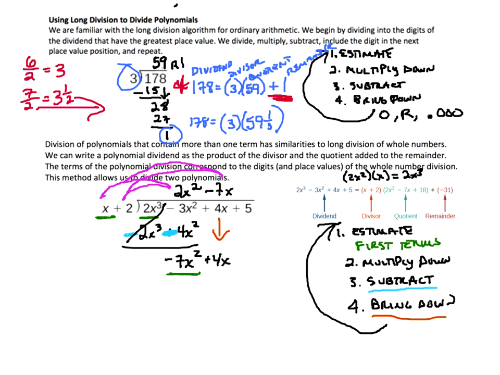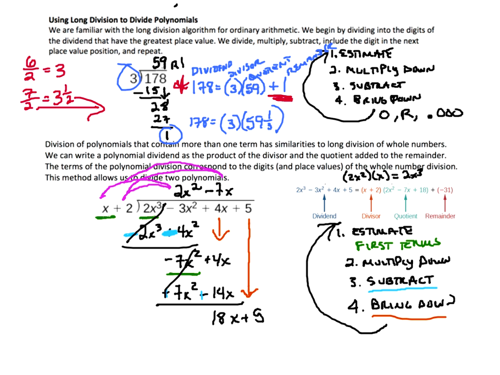So negative 7x times x is negative 7x squared. And negative 7x times 2 is negative 14x. Change my sign because I'm subtracting. They both become positive. And combine them down. Those go away. 4x and 14x make 18x's. And now I'm ready to bring down. My last bring down here, and that adds a term of positive 5.